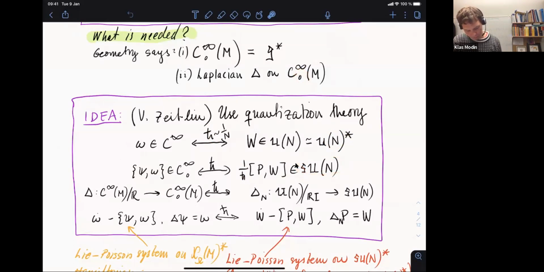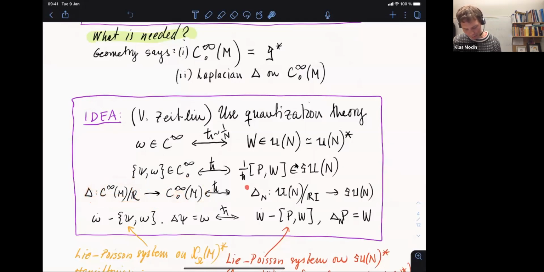Okay. And then we have this structure where the Laplacian, I think of the Laplacian as going from this space here, the quotient of smooth functions defined up to a constant, so these are Hamiltonians, to vorticity functions, which are functions that integrate to 0. I think of the Laplacian as a natural operator between these spaces.